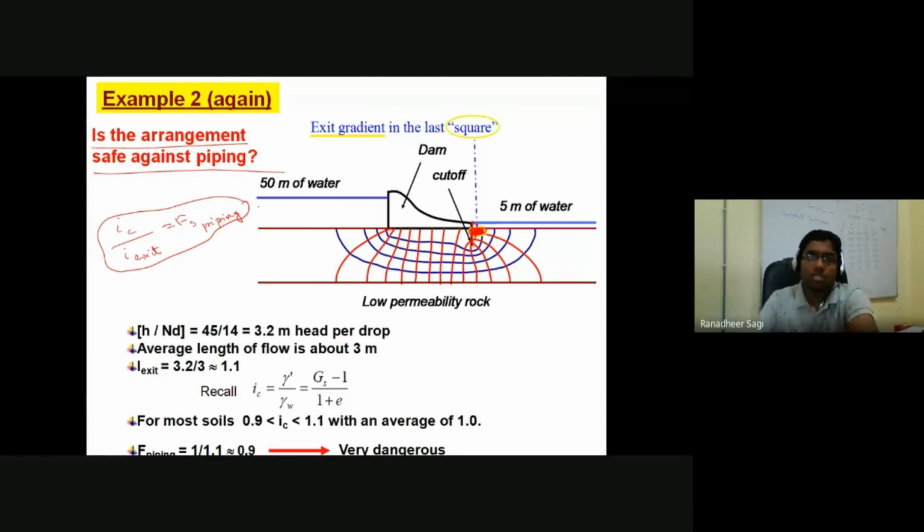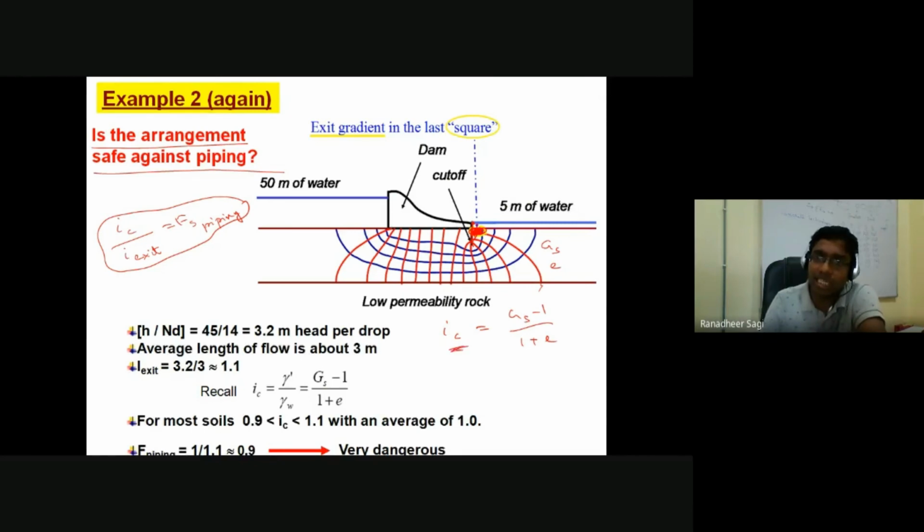So in general, how do we calculate the critical hydraulic gradient? The critical hydraulic gradient is (Gs minus 1) by (1 plus e). If the Gs value and the void ratio of the soil in which the flow is taking place are given, then you can calculate your critical hydraulic gradient.